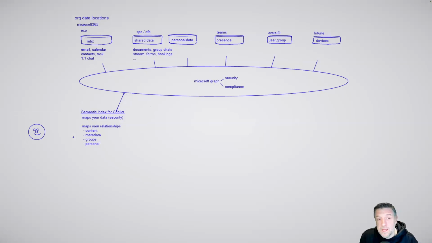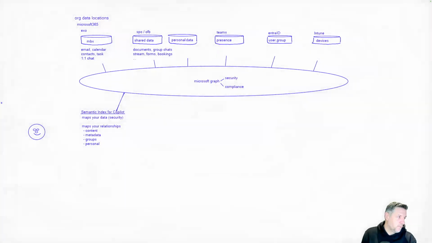So what you can imagine is that this semantic index for Microsoft 365 Copilot is one of the massive enablers for the solution. So that is something that we really want to make sure is working all right. Well, the good thing for us is that we don't really need to configure it. And that might be a little bit weird, but the semantic index is just there.